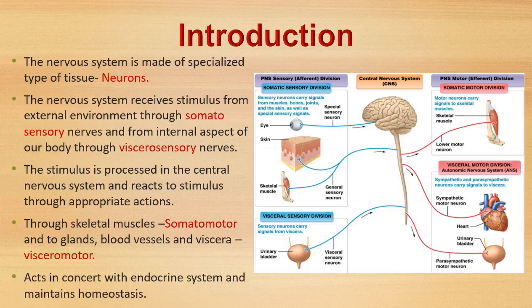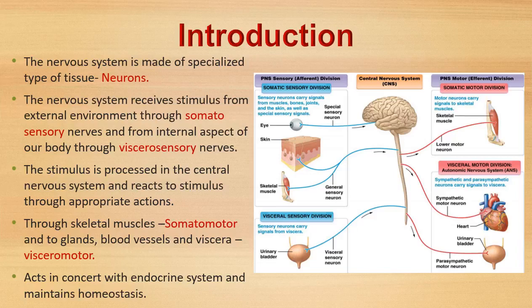The endocrine system secretions and the nervous system act together in maintaining the internal environment, which is called homeostasis. Whatever the external environment, whether it is a cold climate or a hot climate, we maintain an internal environment which should always be constant. For example, our body temperature should not exceed 98.4 degrees Fahrenheit, otherwise we call it fever.